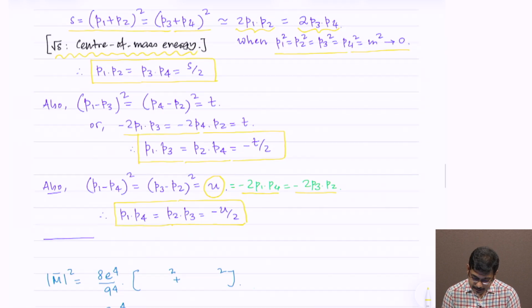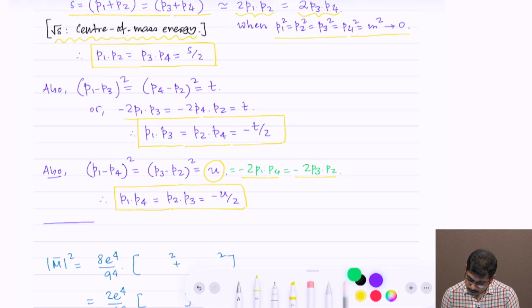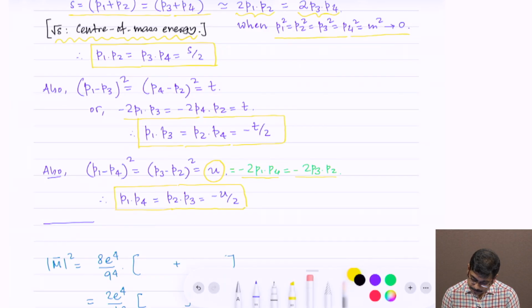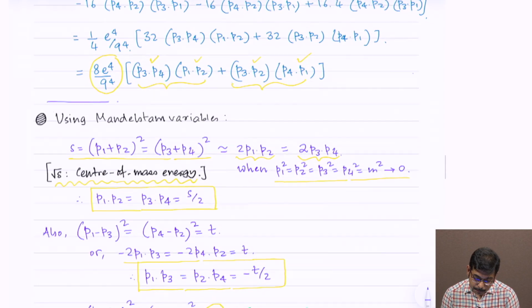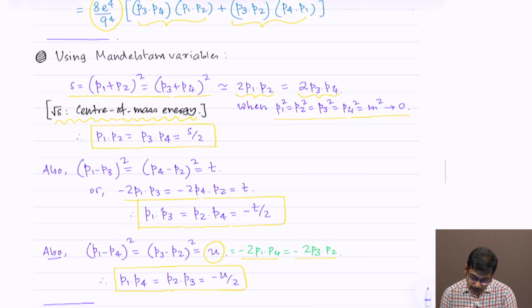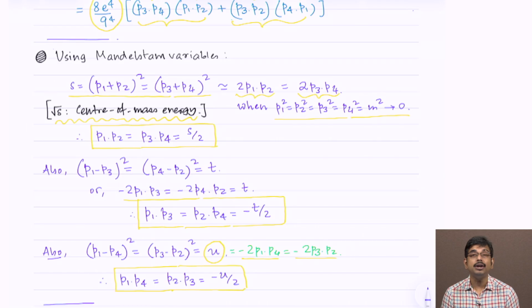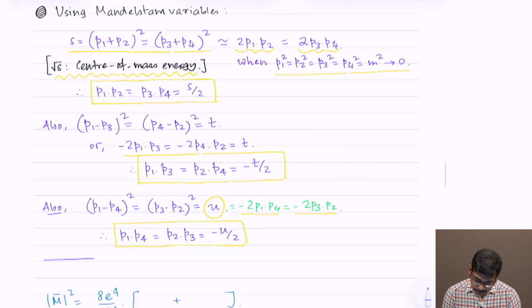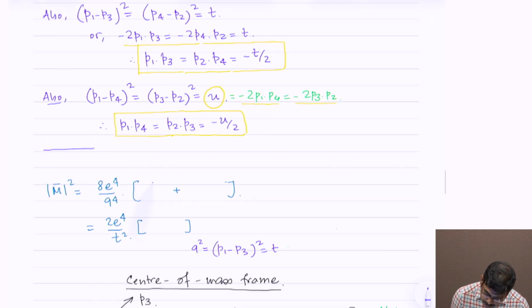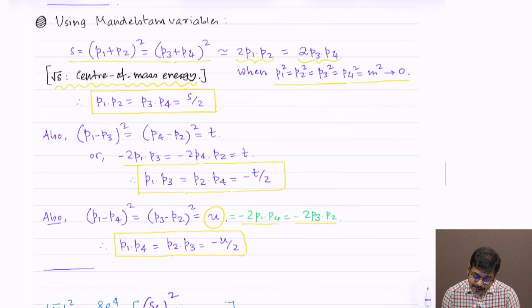So let us see what happens to these expressions. Tell me, what is the first expression? Let us take a look. P3 dot P4, what is it? P3 dot P4 is essentially S by 2. What is P1 dot P2? That is also S by 2. So this first term is essentially (S by 2) whole squared. What is the second term?